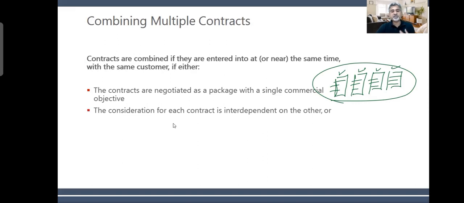The consideration for each contract is interdependent on the other. This is also a condition, that the consideration for each contract is dependent on the other. So sometimes you have delivery of some goods and installation of some goods.